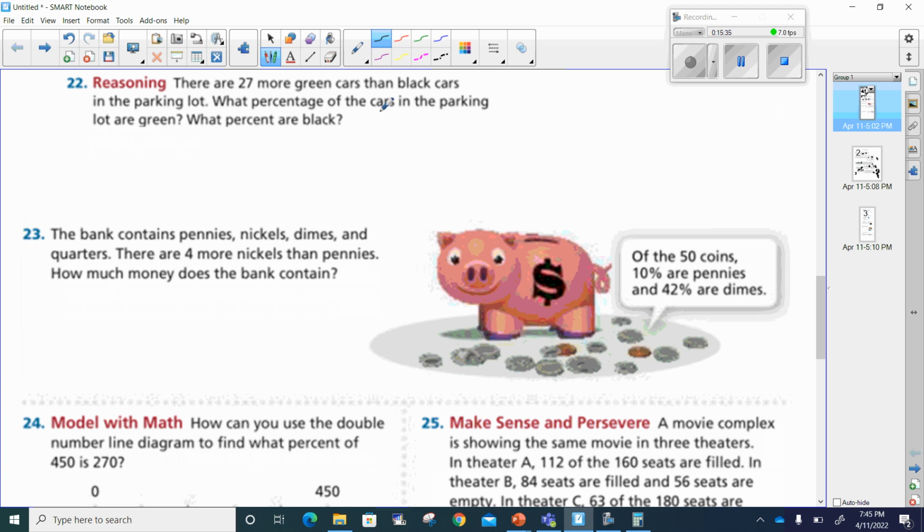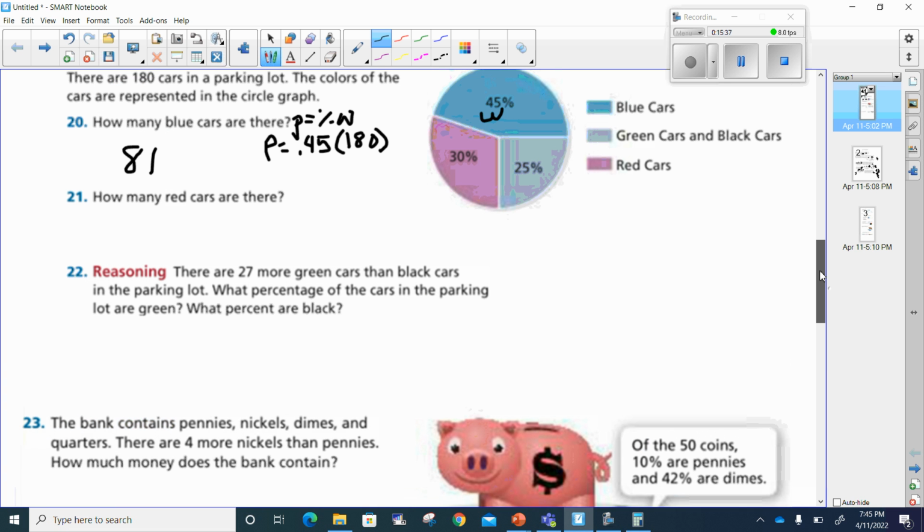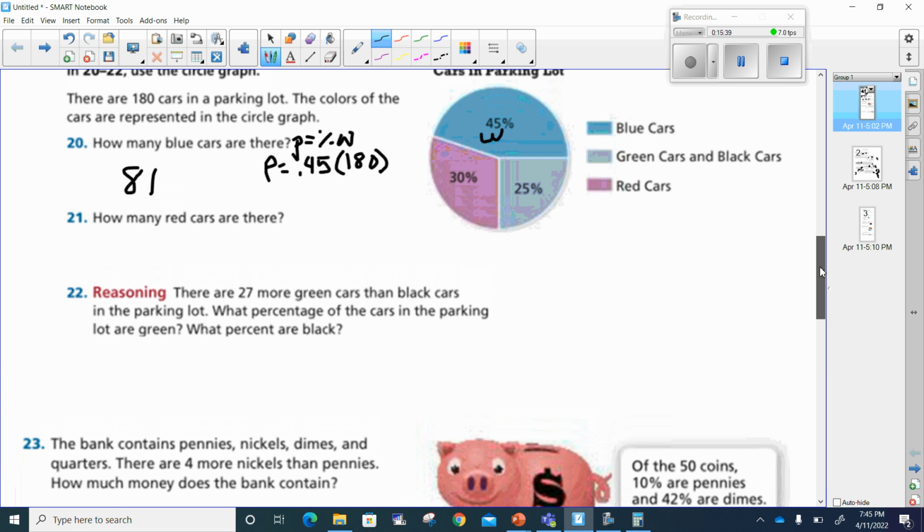There are 27 more green cars than black cars. Wow, okay. There are green cars and black cars here, right? And they make up 25%. It says there are 27 more green cars than there are black cars in the parking lot. Okay, what percentage of the cars in the parking lot are green?